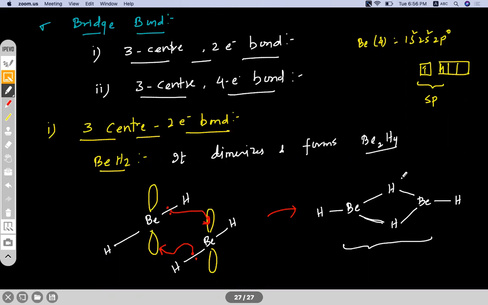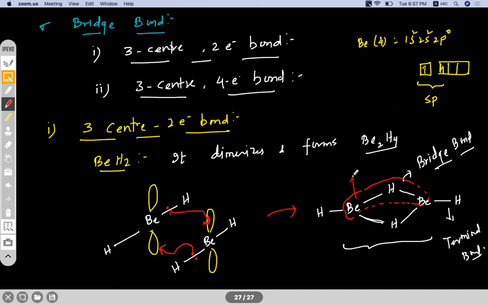So this bond is the bridge bond. We have 3-center. 3-center means 3 nuclei, 2 for beryllium, 1 for hydrogen, right? This bond is the terminal bond. And this bond here we call a 3-center 2-electron bond.